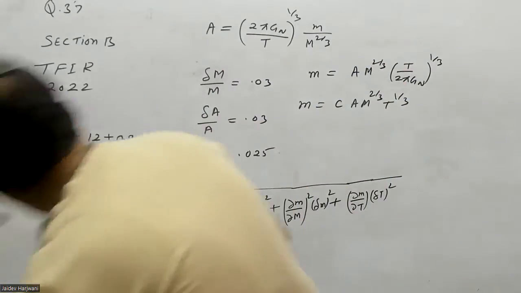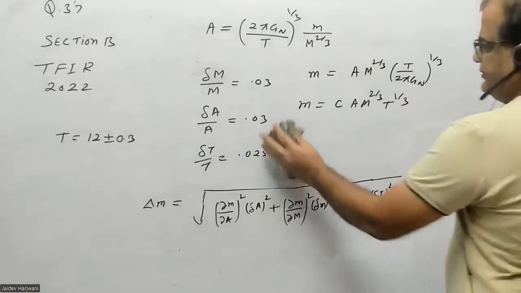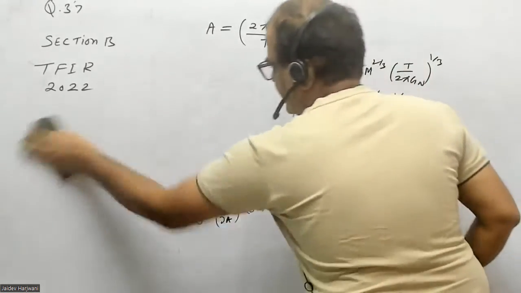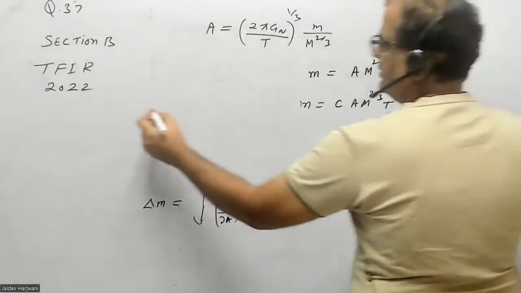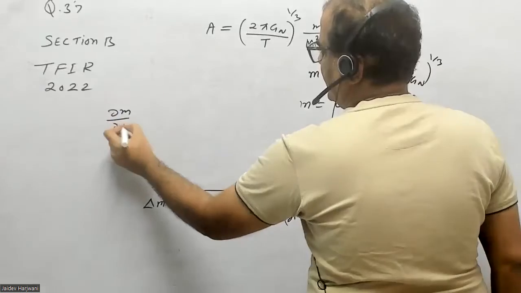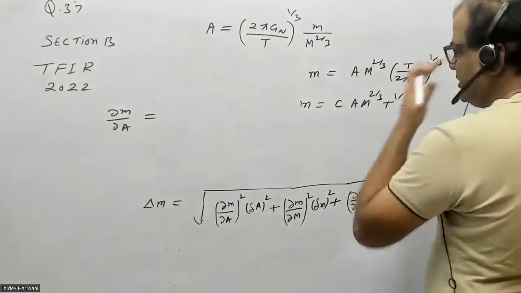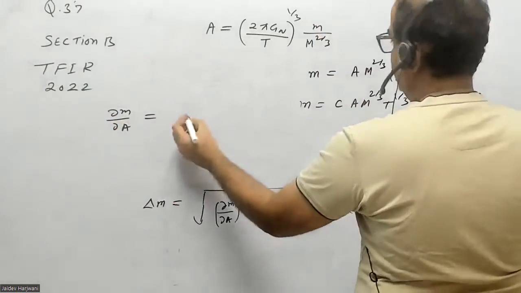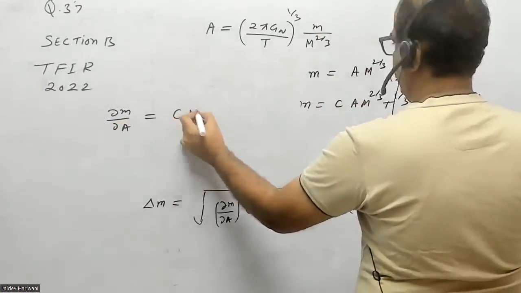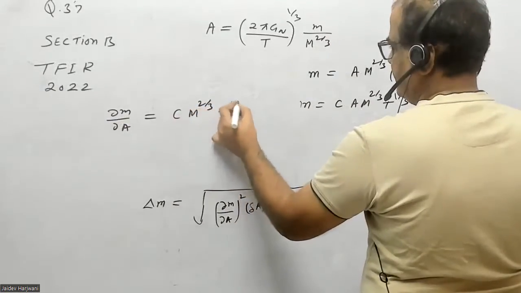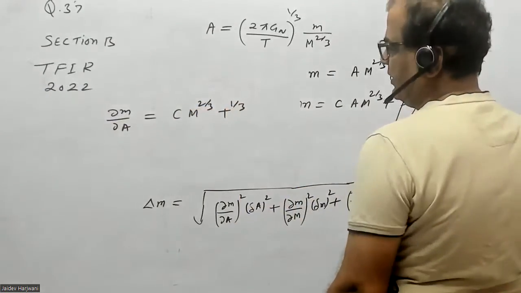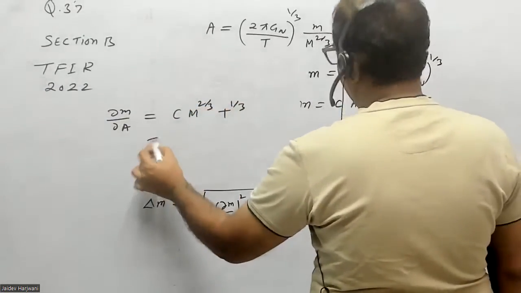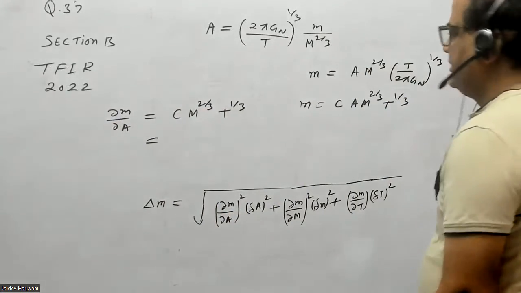Now I can write delta m upon delta A. This is given by C M^(2/3) T^(1/3).